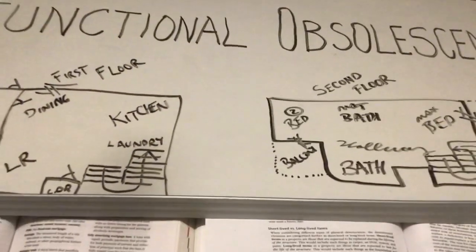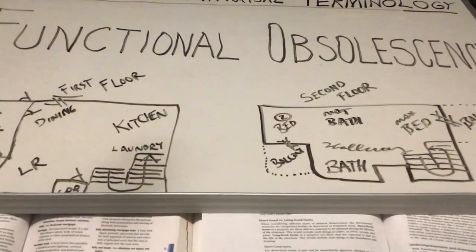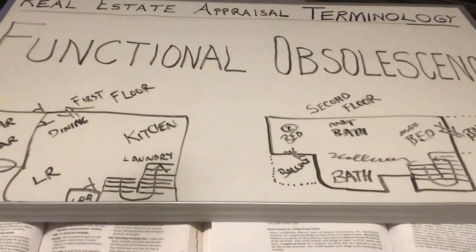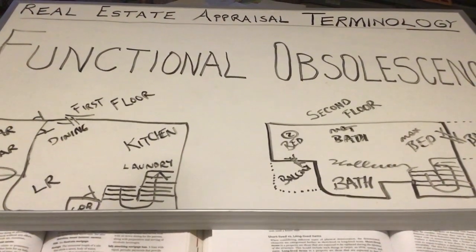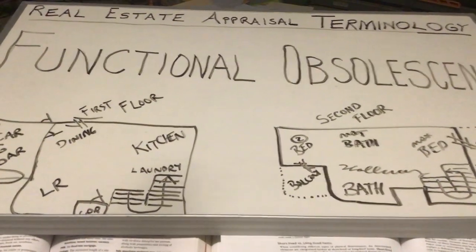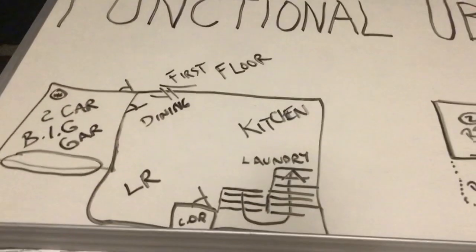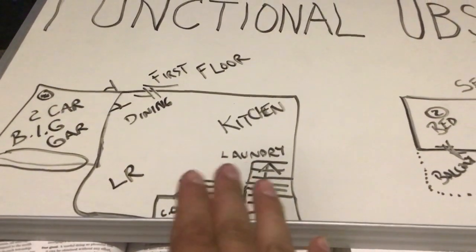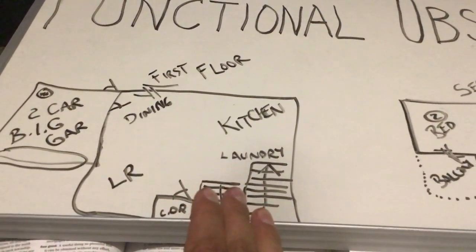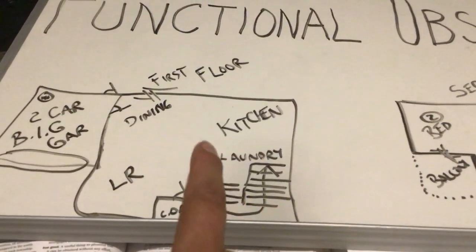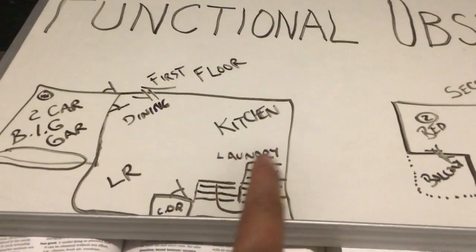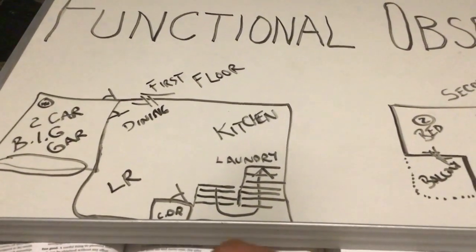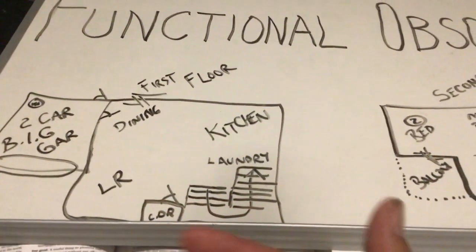Now, looking at both of these diagrams, the first floor and the second floor, what do you notice? Well, in case you haven't noticed, the first floor is missing a bathroom. In most designs like this, you'll at least see a half bath right here where the laundry is. And this is a functional obsolescence.